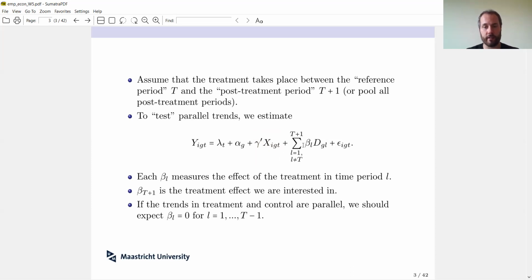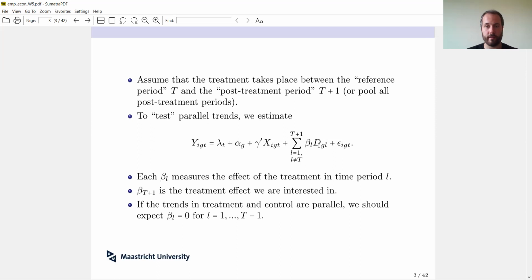And here is where the magic happens. You see that we have a sum where we allow beta_l to depend on the time period. And D_gl is simply a dummy that tells you whether a unit in group g is treated in time period l.